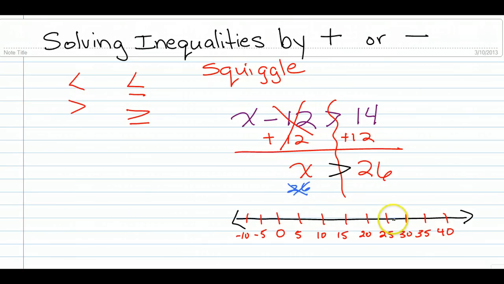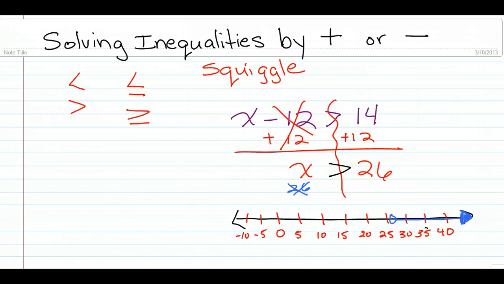So 26 cannot be part of the solution, but that's where we start, right there. And everything bigger than 26 gets to go to the party. So that's how we would graph x is greater than 26, open circle. First you do the squiggle problem, and then when you have your answer, you graph it.